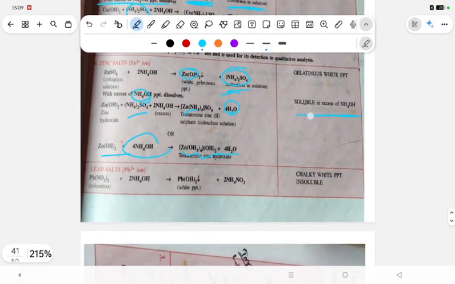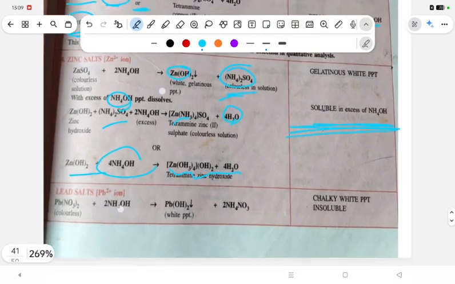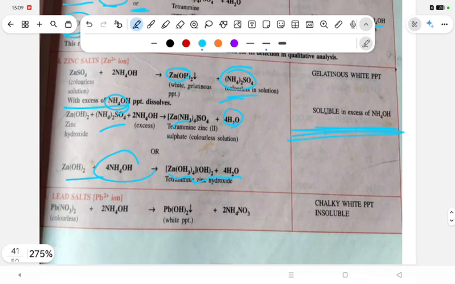It is soluble in excess of ammonia. When zinc salts form with excess of NH4OH, it is soluble in excess of ammonia. Without excess, it forms a gelatinous white precipitate.